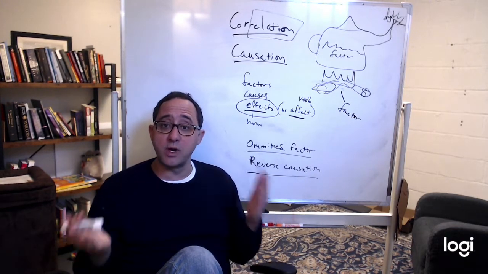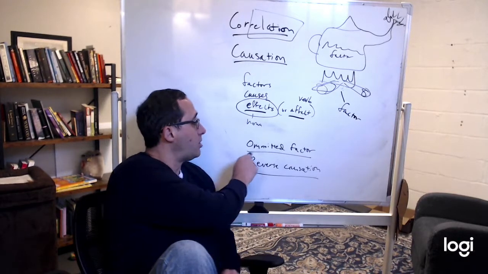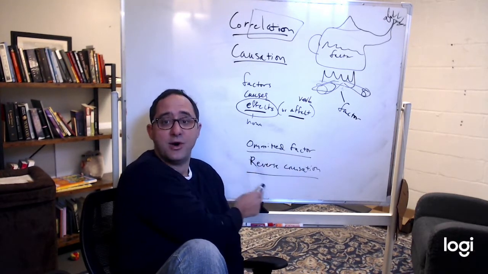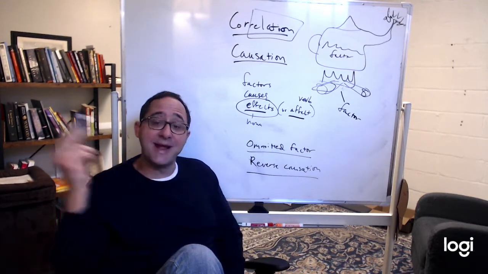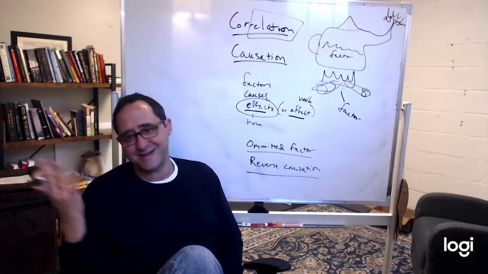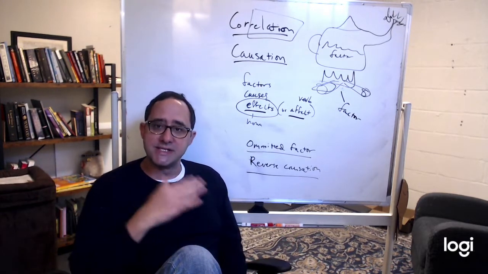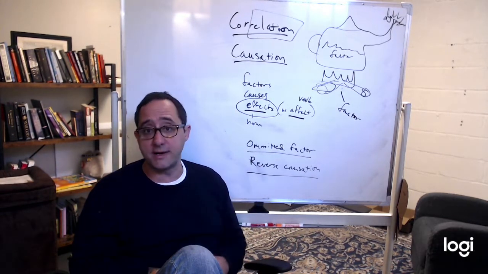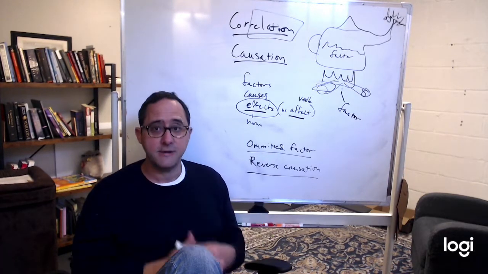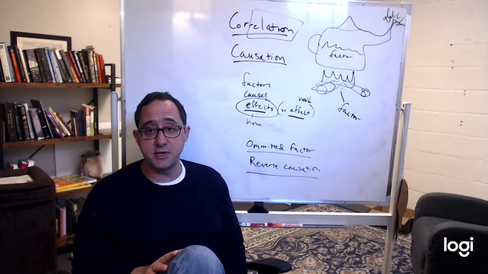Okay, so this is where it's very important to start looking for omitted factors, or looking for reverse causation. Maybe the splotches cause you to drink milk and eat fish, I guess. So anyways, this is correlation and causation. It's very important as we talk about things, especially in business. So I hope this was useful to you.